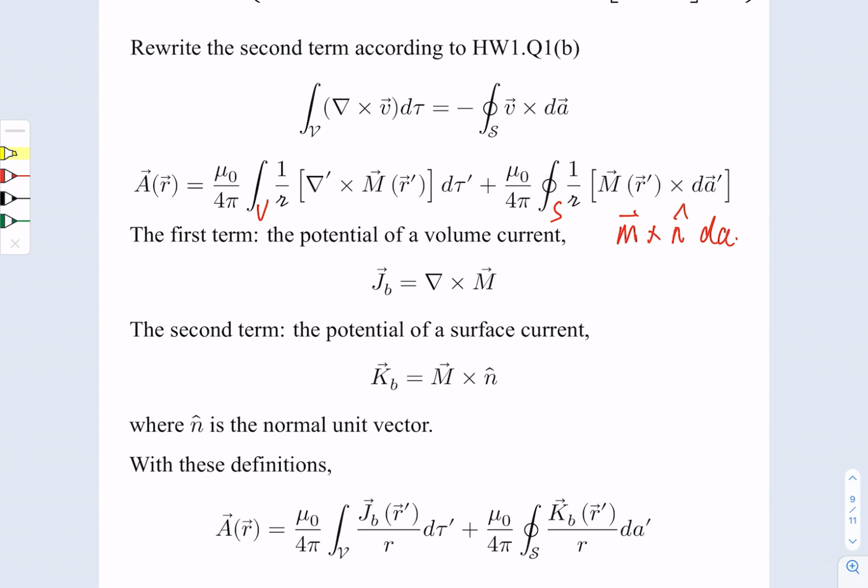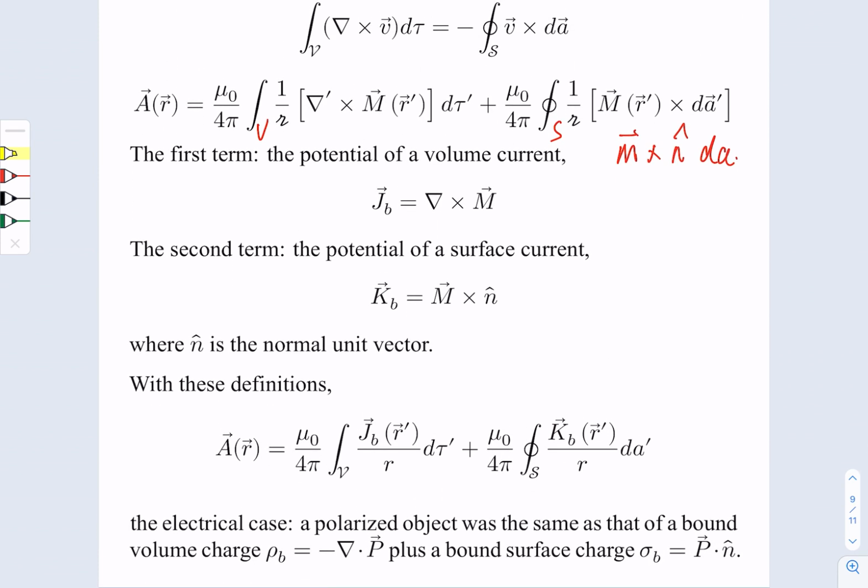So for a magnetized object, we can separate the contribution to the vector potential into two terms. One is a term produced by a volume current, another is a potential caused by the surface current.